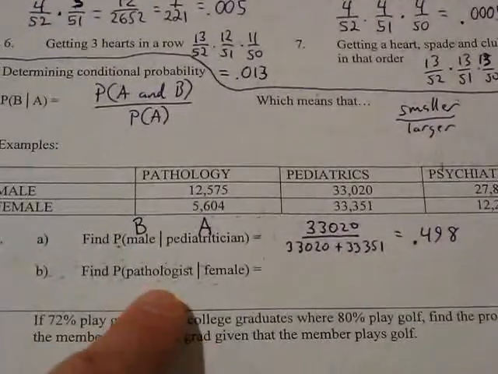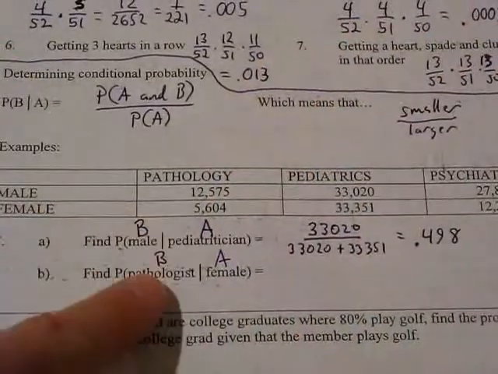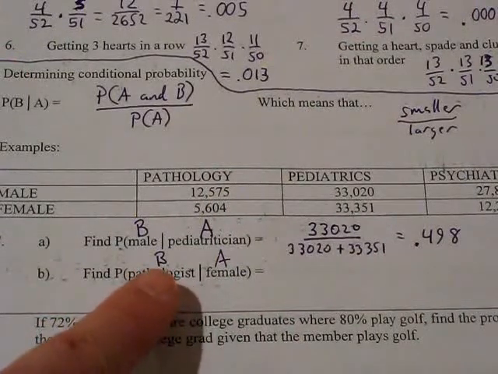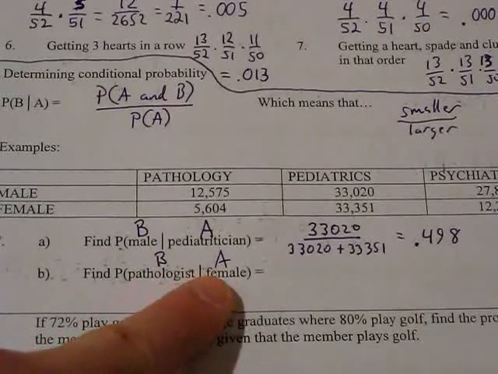Alright, now let's look at this. We're going to put our B and A here, because that fits our pattern up above. We want to find out how many pathologists there are, given the fact that we've only chosen the females.